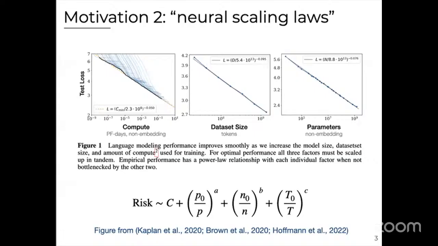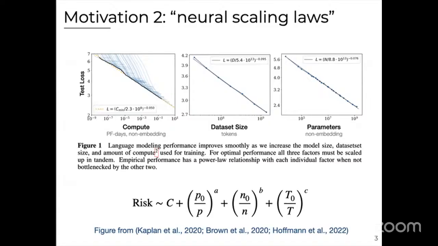Now, what these people have observed, again empirically, is that this is not the case. If you don't scale the parameters of your network properly, you're going to hit bottlenecks. So this is a paper by OpenAI, so they have the resources to do this kind of experiments.